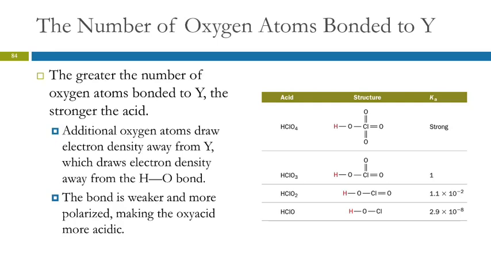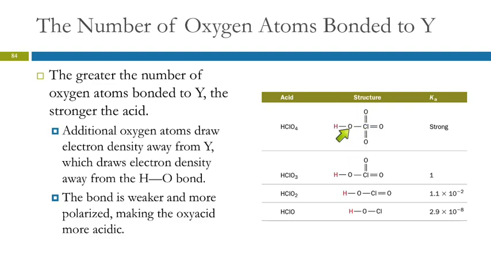We also have an effect for oxyacids of the number of oxygen atoms that are bonded to that central atom. The more oxygen atoms you have, the stronger the acid. So perchloric acid is one of those strong acids, right? And here we've got chlorine with 4 oxygens bonded to it.